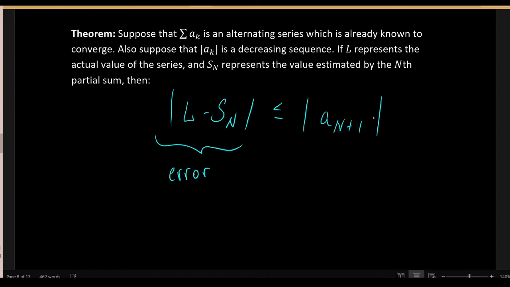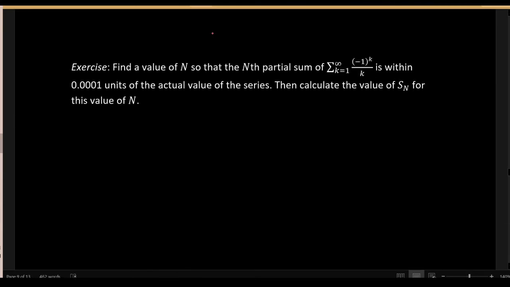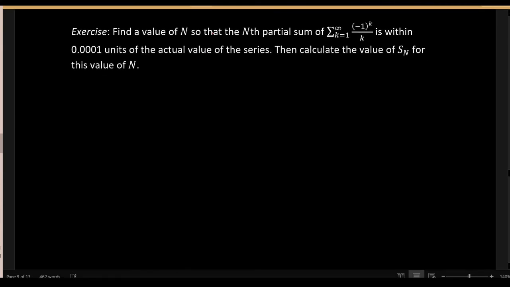This is a hugely convenient formula. You don't even have to calculate any antiderivatives or integrals. But once again, this convenience comes at the cost that we have to have an alternating series in order to actually use this estimate. So let's practice using that formula in the following example.